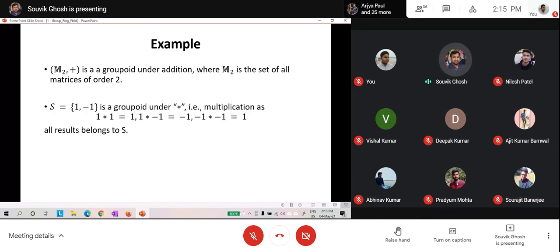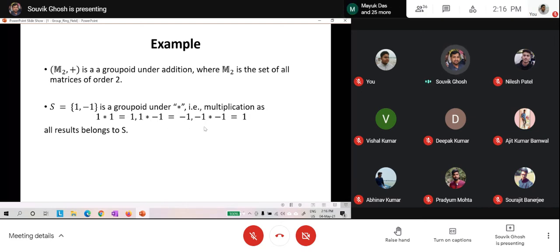So there is one more example. Suppose you are given the set S, where S contains the elements 1 and -1, and you are given the operation star, where star is the usual multiplication that we know. So if we operate star on 1 and 1, what do you get back? You get back 1 again. Similarly, if you operate star on 1 and -1, what do you get?